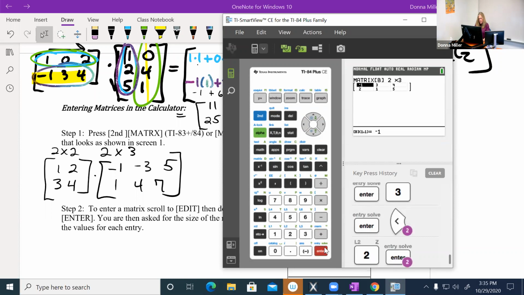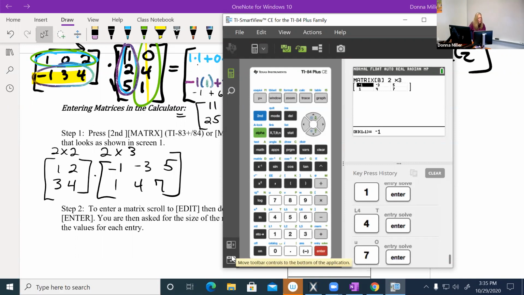Then I enter the numbers. I do a little check to make sure I entered them right. That's the hardest part about using the calculator: making sure you enter the numbers right.